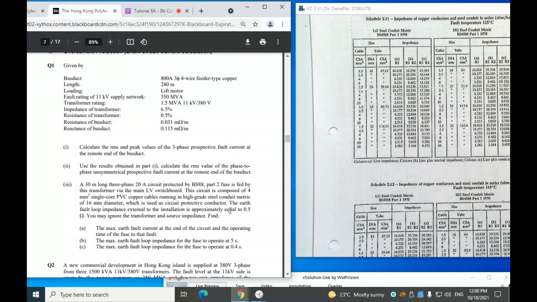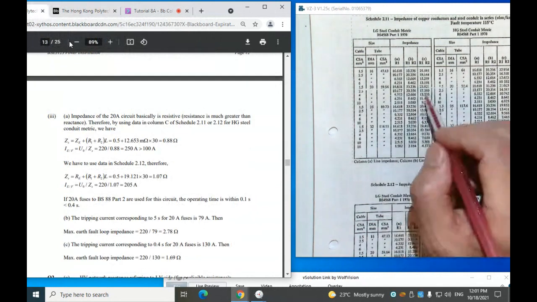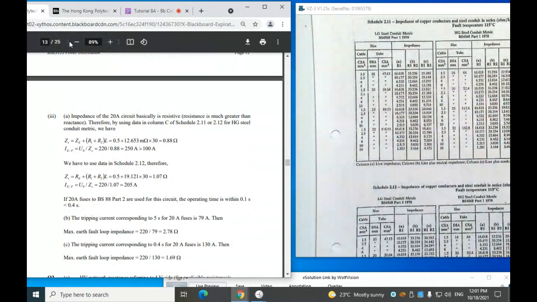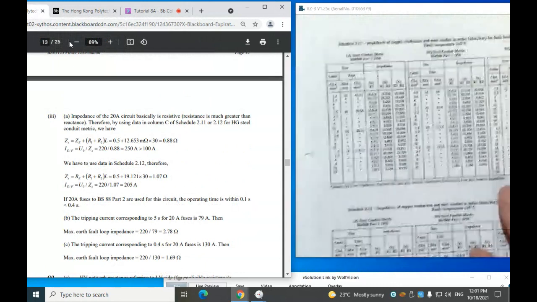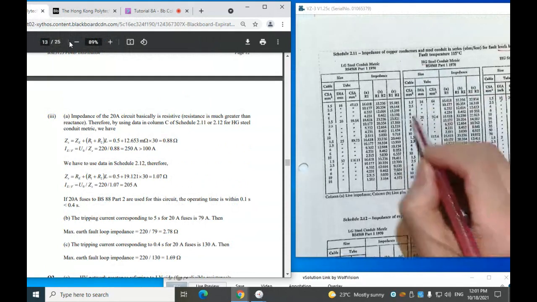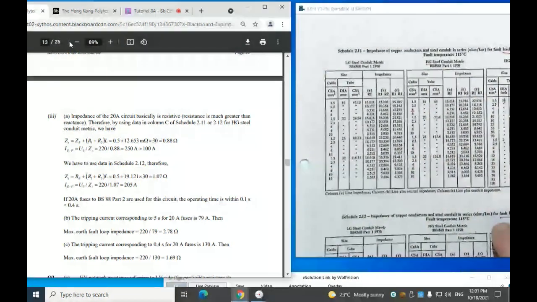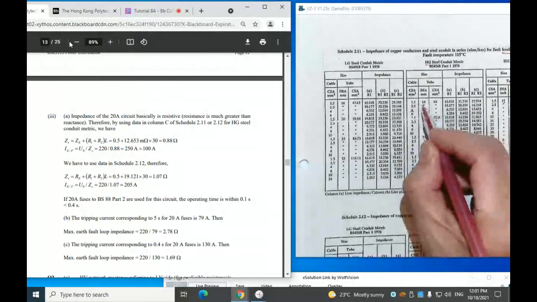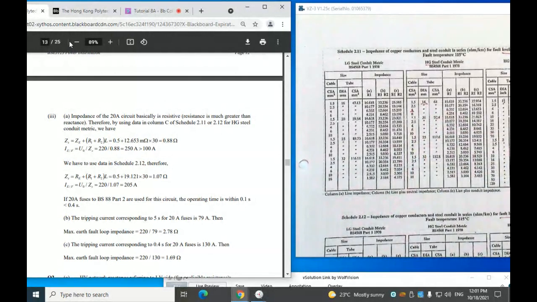Let's see the cable size. The cable size is 4 mm squared, and the conduit diameter is 16, so we need to look at the combination of both. This is H grade, heavy grade, with a 4 millimeter cable size and 16 diameter for the conduit.